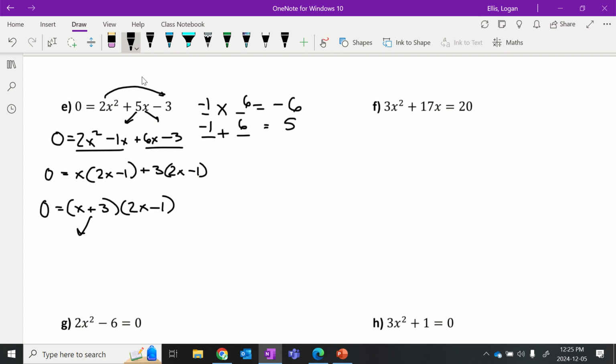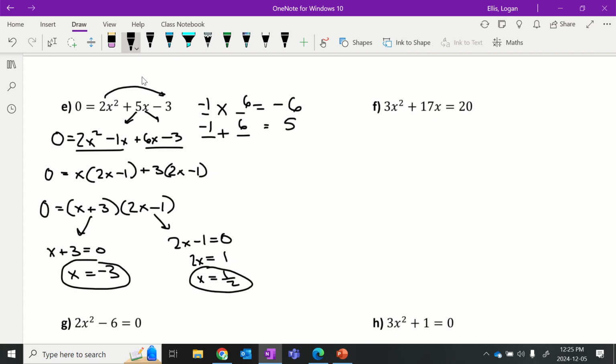Now these are a bit more interesting, because x plus 3 equals 0, that one is still the opposite, x equals minus 3, but this one is a little bit trickier now that we have a 2 in front, because we move the 1 across, so 2x equals 1, and then we divide by 2. So you actually get a half, and -3 for your answers there.